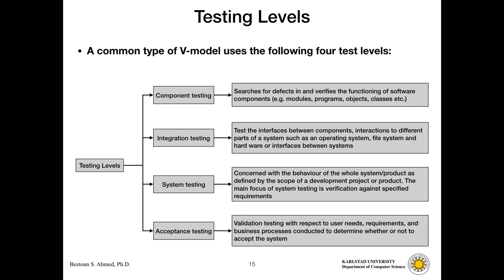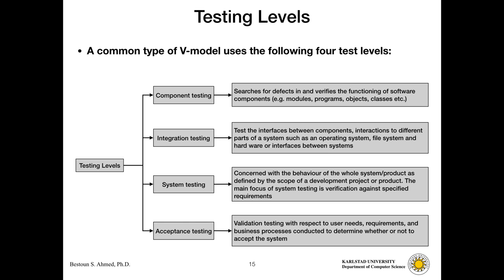Now, based on this, you can see that we have testing levels. A common type of V model uses different testing levels, and we are starting from the very beginning, the foundational level of the testing, and then we go up with the software.